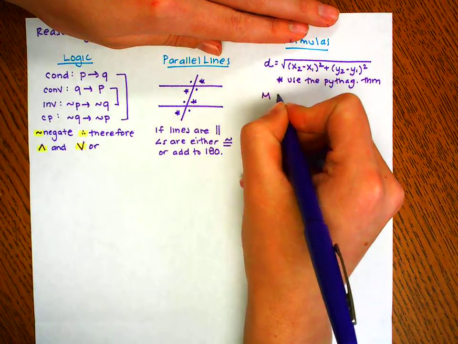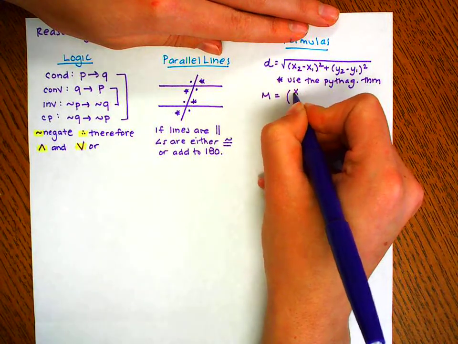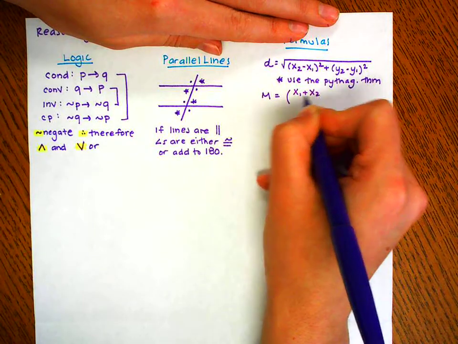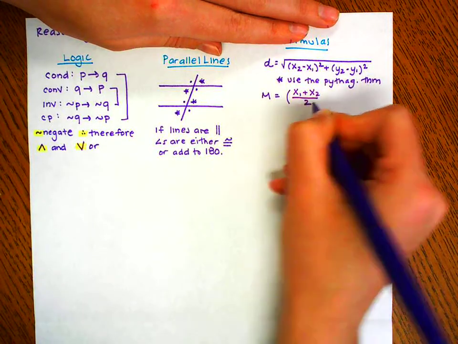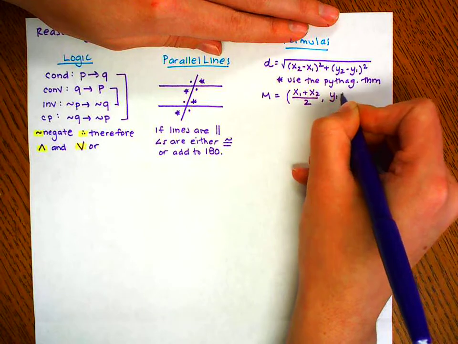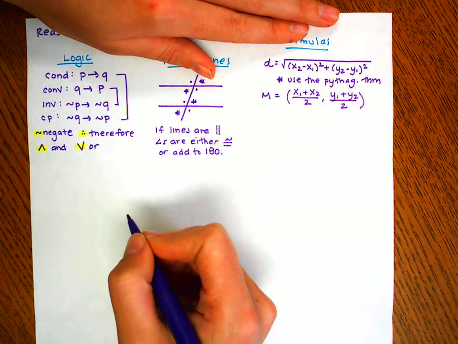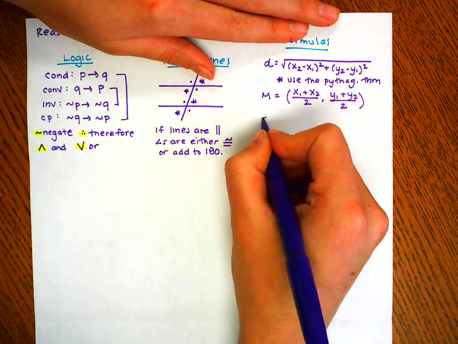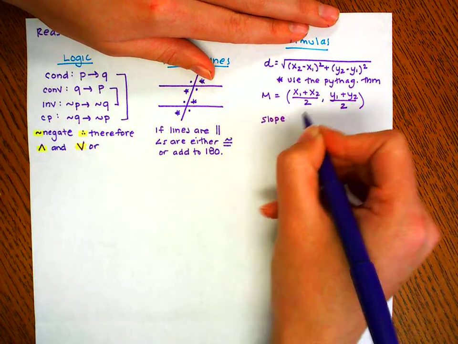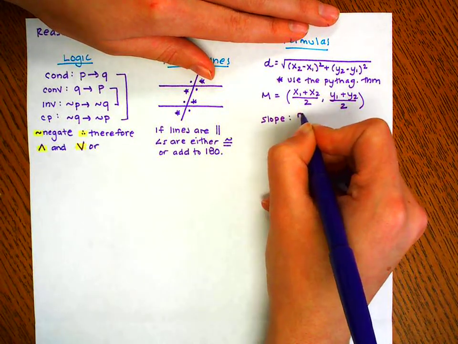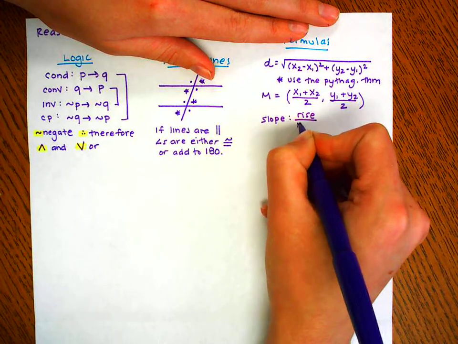Same thing for the midpoint. A lot of times we can figure out what the answer to the problem is, but just in case you can't, the midpoint formula says take an average of the x coordinates and an average of the y coordinates. Slope, we just talked about this recently. It's been a while, but slope is rise over run.